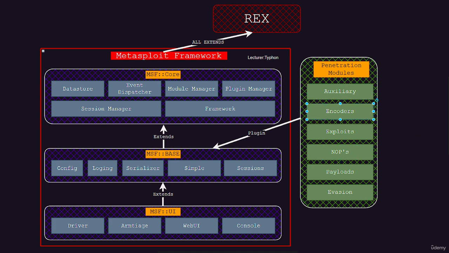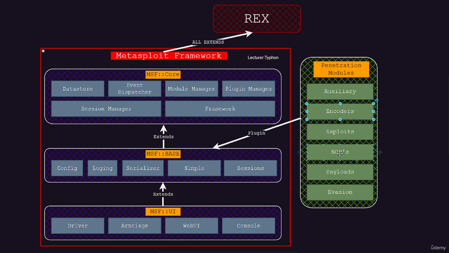Here we have encoders. Encoders serve a unique purpose. They are used to encode or scramble payloads and attack vectors in a way that evades detection by antivirus solutions or firewalls. Imagine encoding as putting a secret message inside an envelope to keep it hidden from prying eyes. This stealthiness is essential when trying to bypass security measures that may detect malicious code.